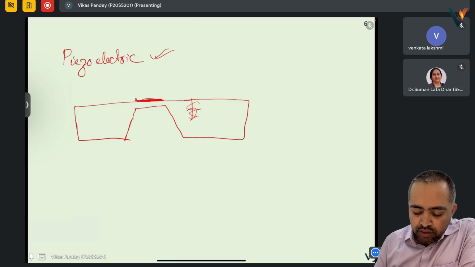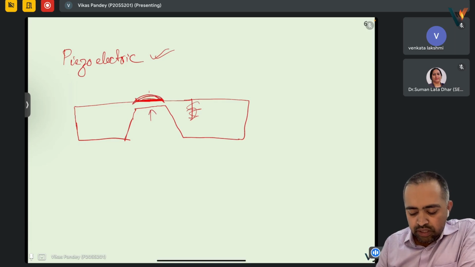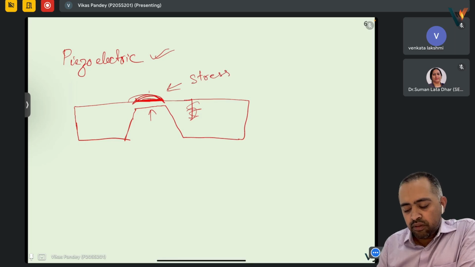on the top, when it is pushed upward, due to this change in shape, there will be stress, and this stress will lead to electricity or potential.